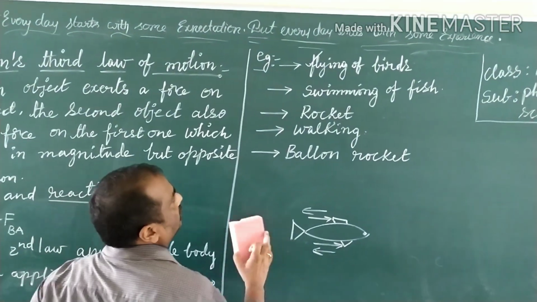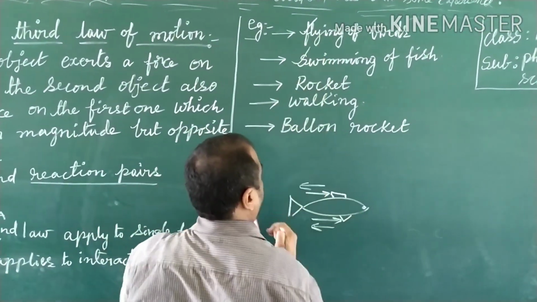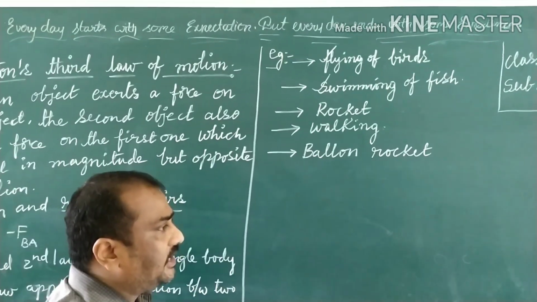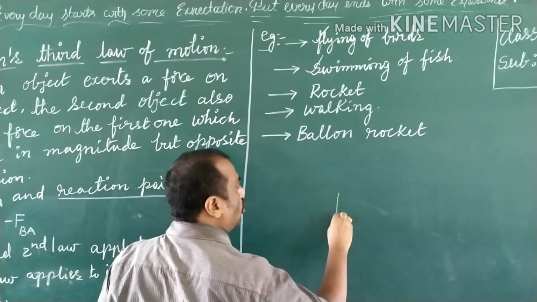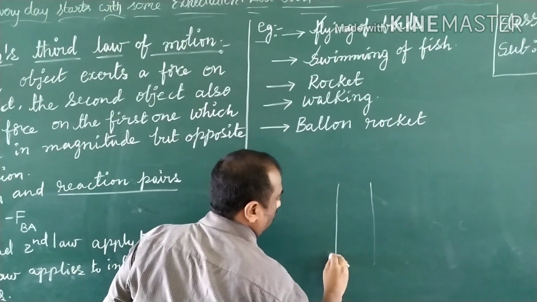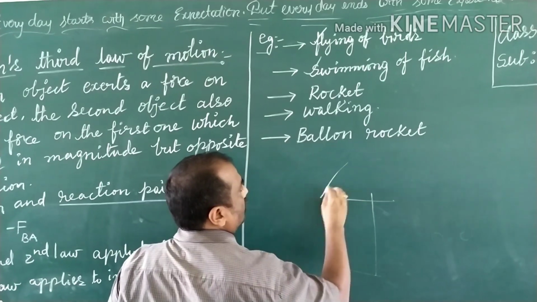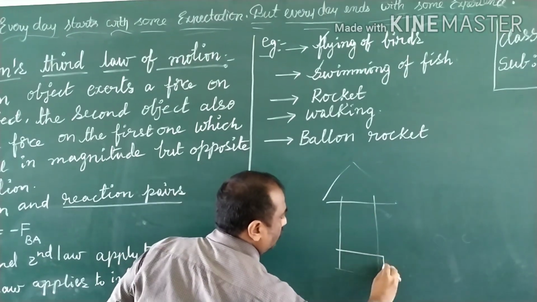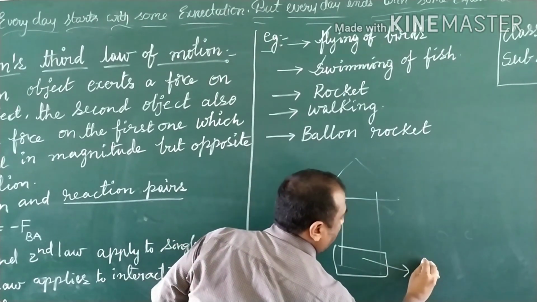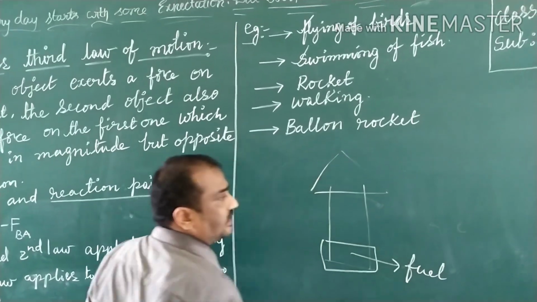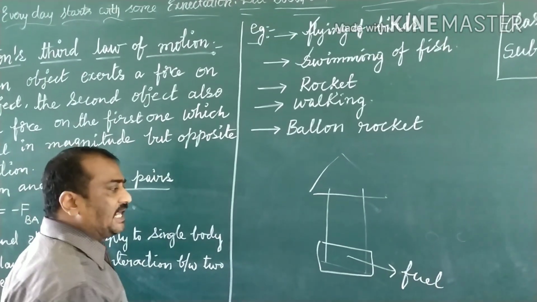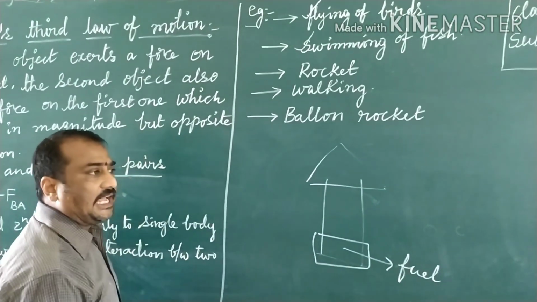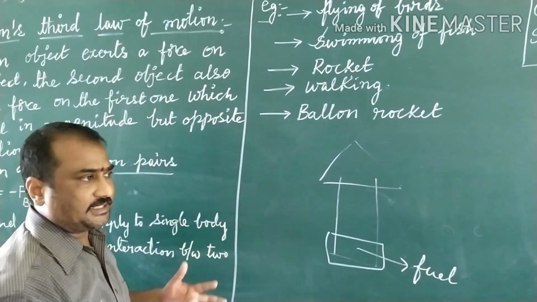And coming to the rocket. Children, you know that a rocket contains so many chambers. In the last chamber, the fuel chamber, some chemicals are there. Those chemicals burn with air and expel a lot of gases.